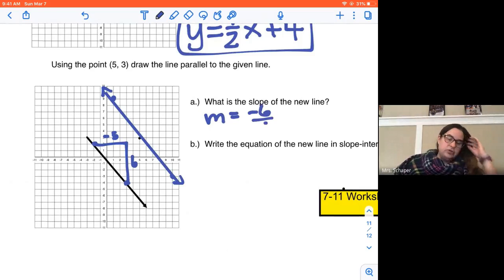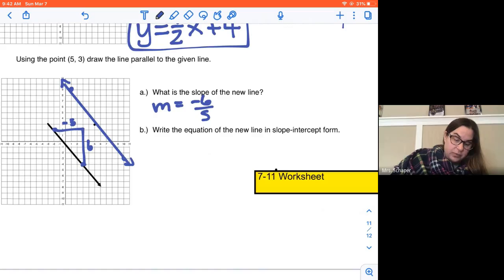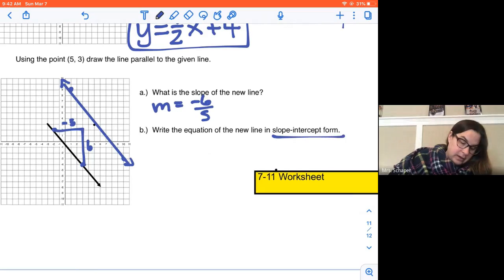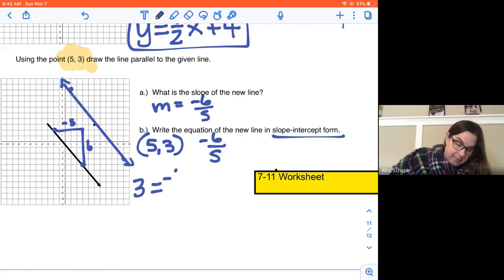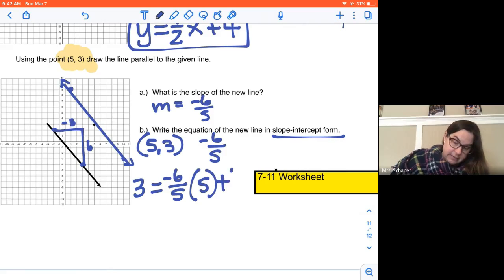Now what we're going to do is use the point 5, 3 to write the equation in slope-intercept form. So 5, 3 is an ordered pair. How do I know that? Because it's right here. My slope is going to be the same, so it's -6/5. So y equals, or whoops, my y is 3, so I should just replace 3 right away. y equals mx plus b.